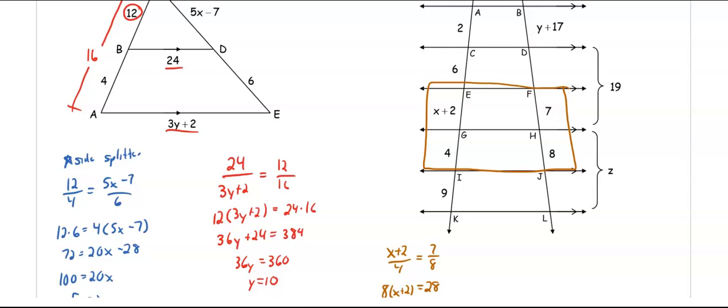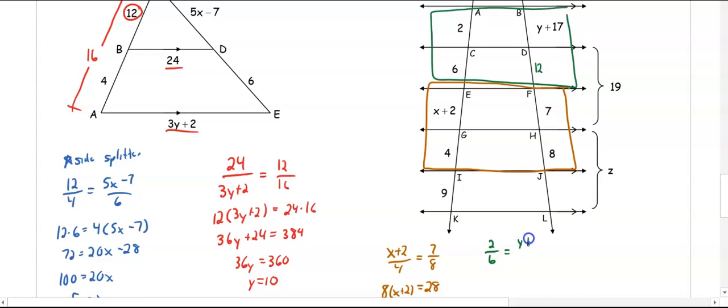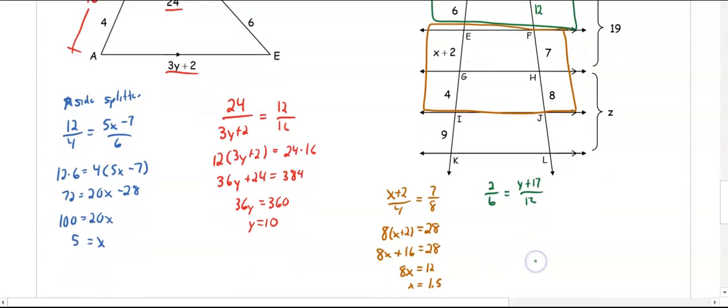Then to solve for y, we can use the 4 sections at the top. Even though DF doesn't have a length, we know that this whole section between DH is 19 and part of it's 7, so 19 minus 7 would get us 12. So we can set up 2 over 6 is equal to y plus 17 over 12.